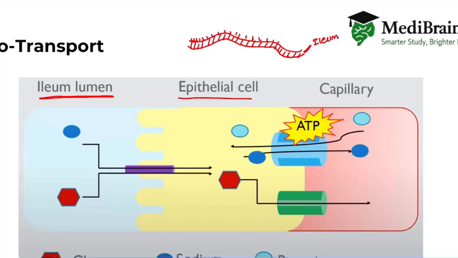I know I've drawn them as lines, but you need to know that the outer layer of the small intestine is made up of epithelial cells. And basically outside of the small intestine, you have your normal blood supply.